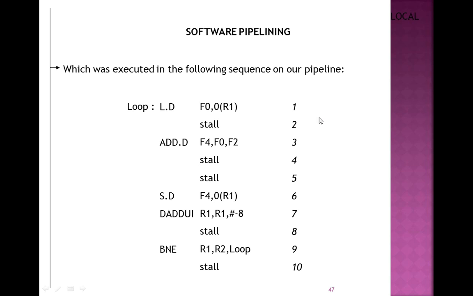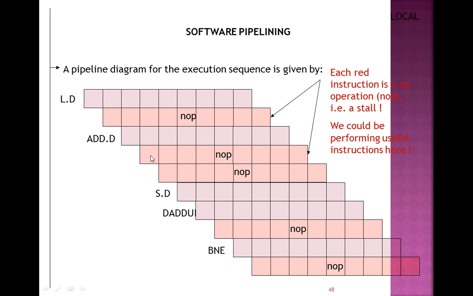So this is executing at the first stage, store, F4, 0, R1, then again store, then there is some jump or movement, then R1 R2 loop at the 9th location, then there is a store at the 10th location. So first of all there is an LD, then an addition operation, an SD operation, DADDUI, and a branching operation.